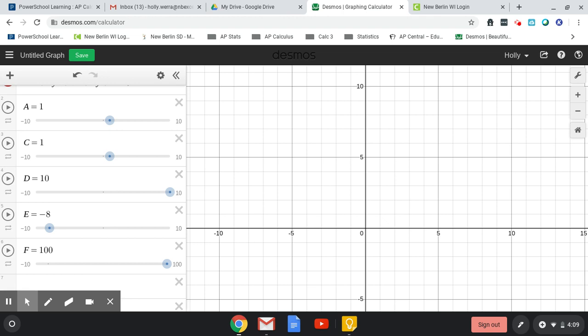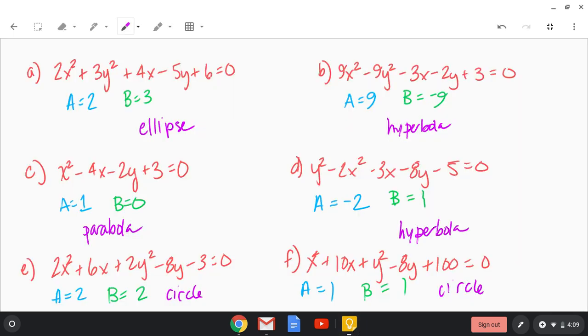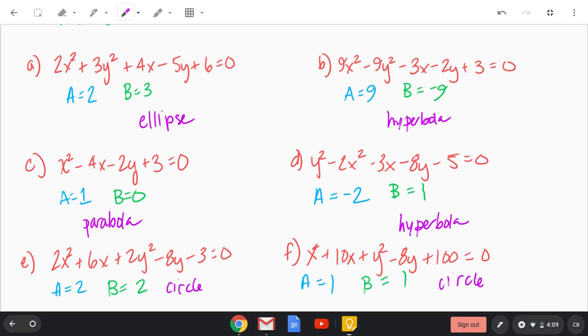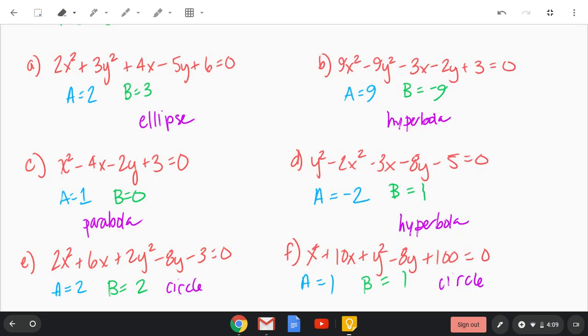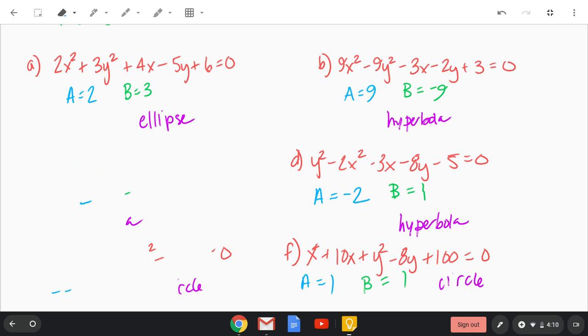Okay, so we need to revisit A and F. Something happened with those, and I'm actually going to delete the other ones so I can do some work here. So we're going to take this stuff. I'm just going to erase it. Thought I could box it out, but I guess not.